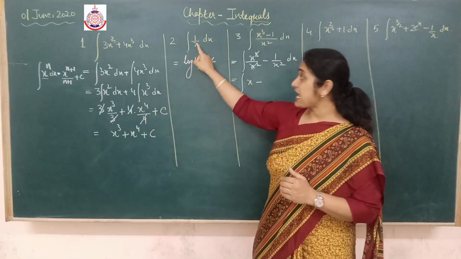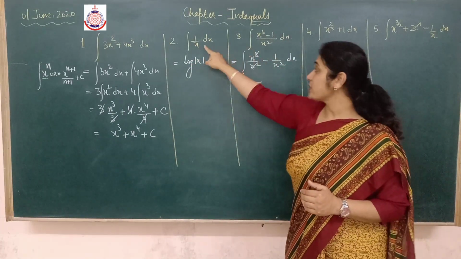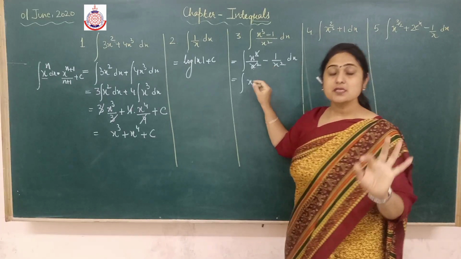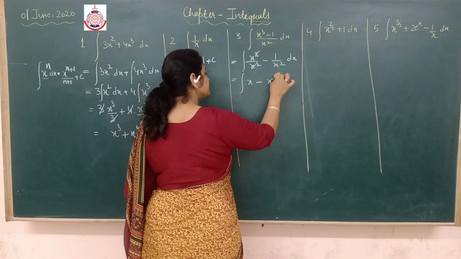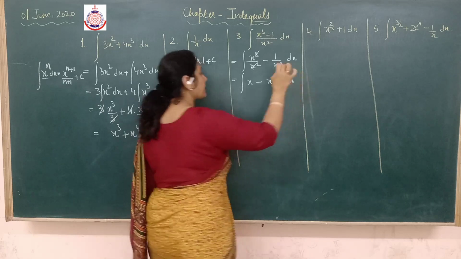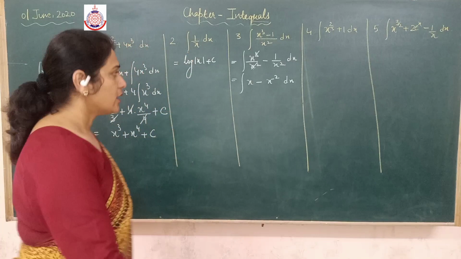I know the integration of 1 by x, it is log x. Do not relate 1 by x square with this. This is 1 by x square. So what shall I do? I am going to take it up. Is it clear? Alright, now simple.